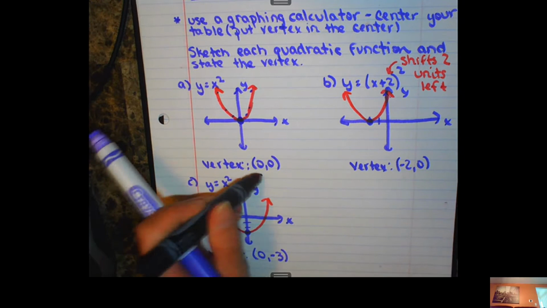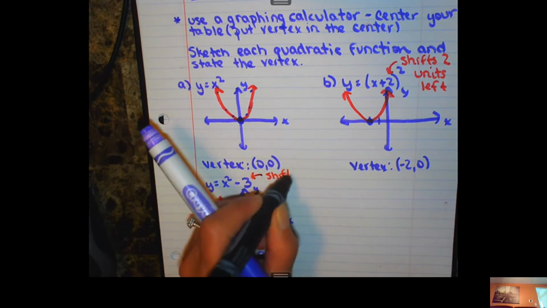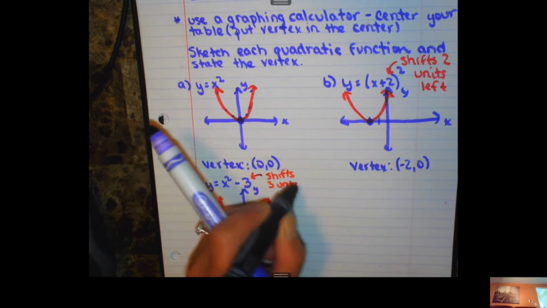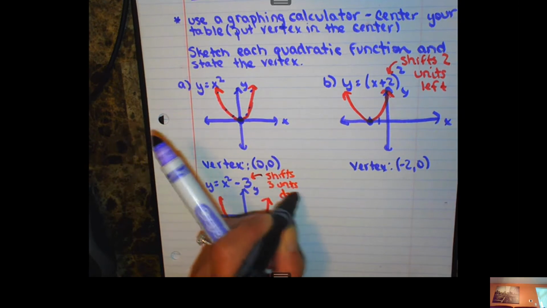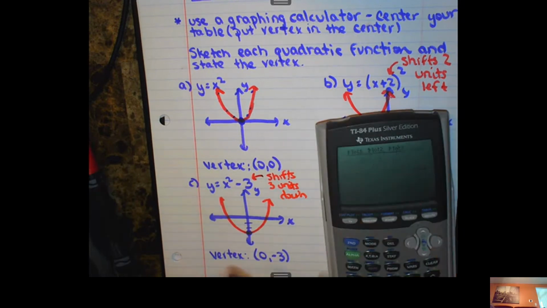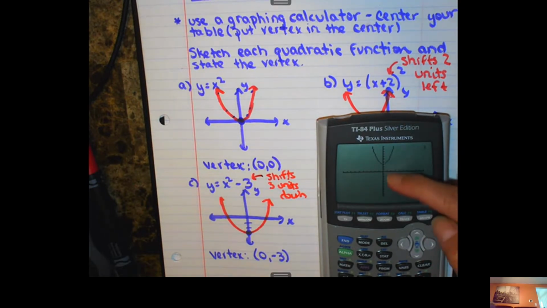I'm going to point to this minus 3 and write shifts 3 units down. Can you guess what's going to happen if I did y equals x squared plus 3? You probably can guess that it's going to shift up, and it would shift up 3 units.